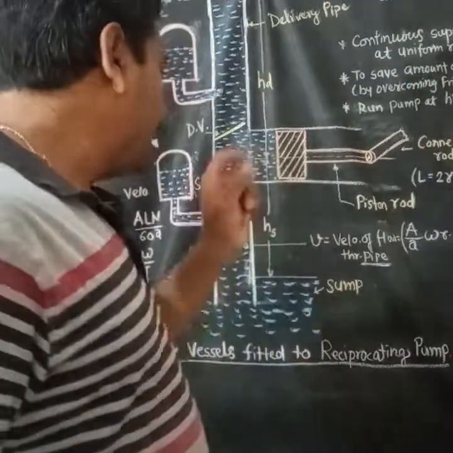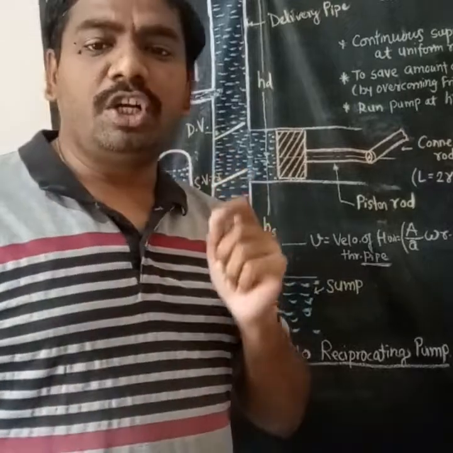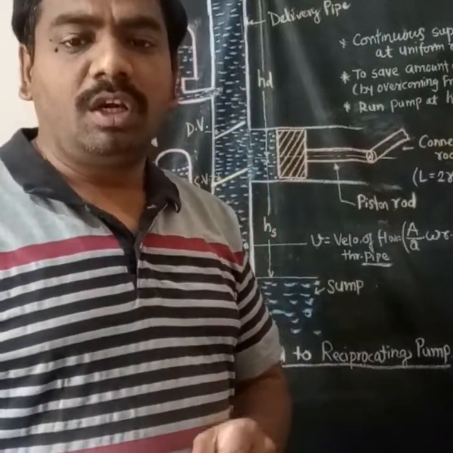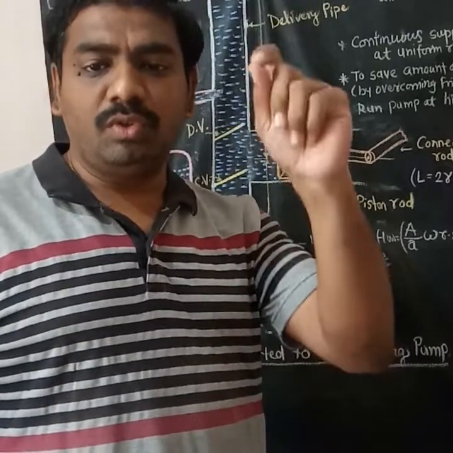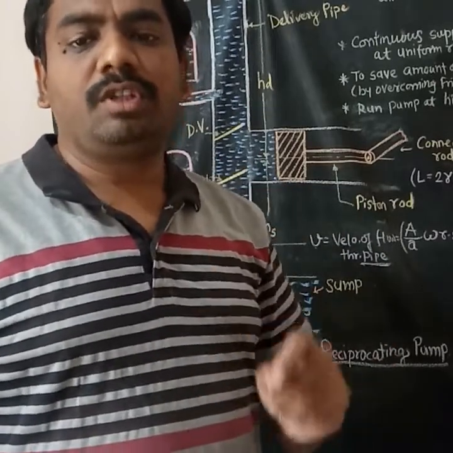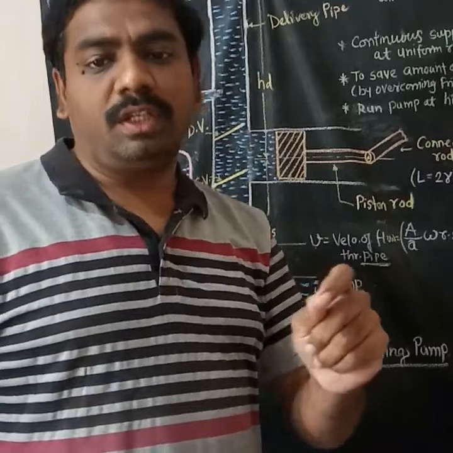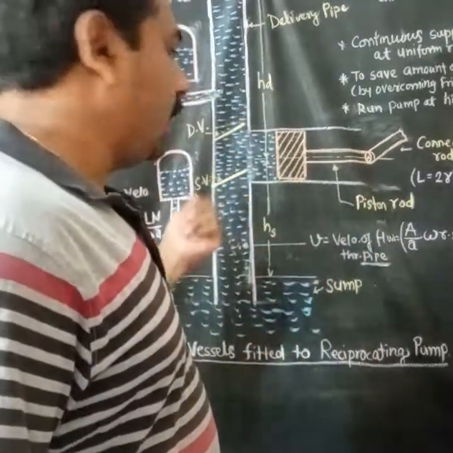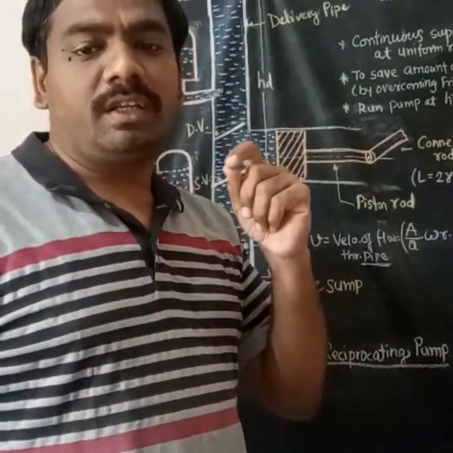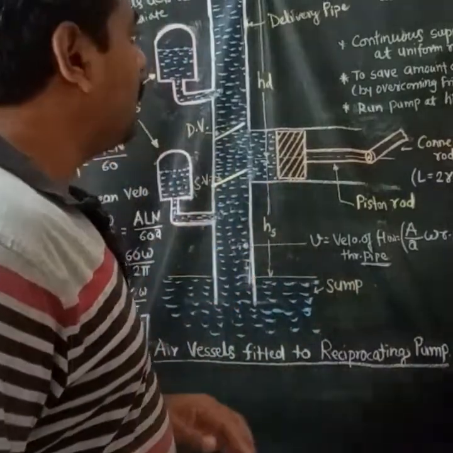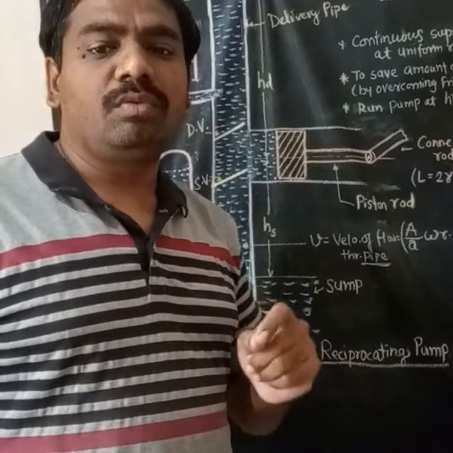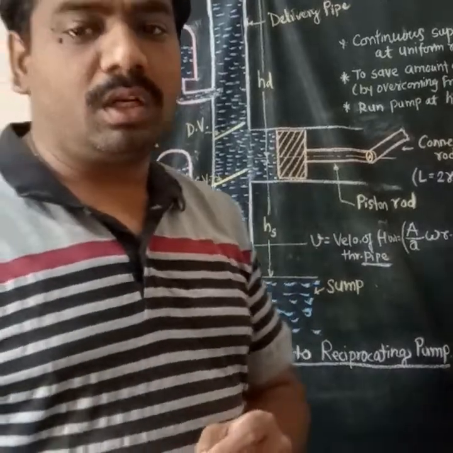But whenever you require a continuous supply of water at a uniform rate, that is, a uniform discharge, then you can go for the air vessel. With the help of this air vessel, you will get a constant supply of the fluid at a uniform rate. Another thing is that it is used to save the work done.